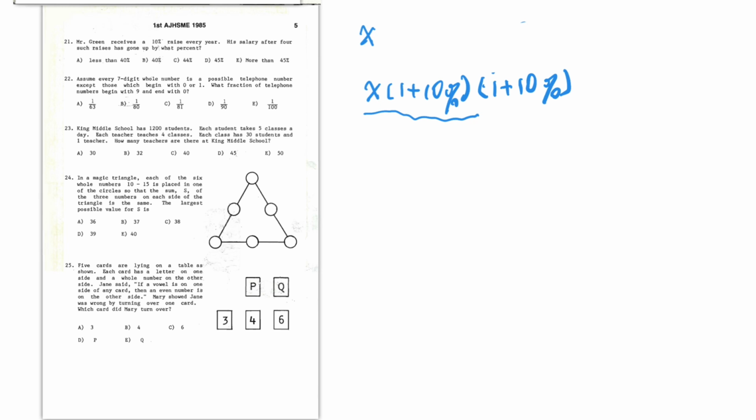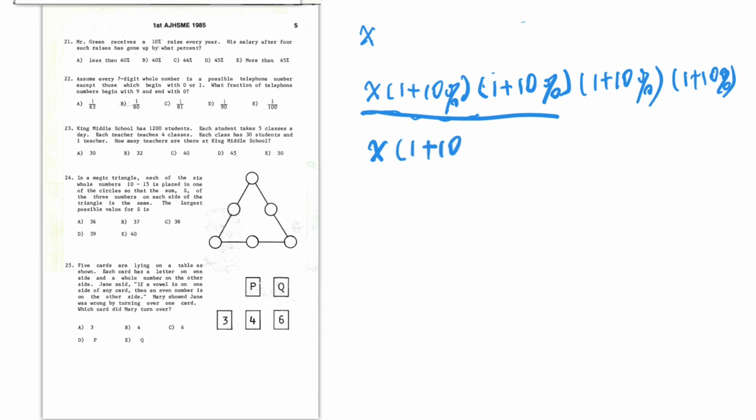So the third year is based on this raise, so 1 plus 10%. And the fourth year is 1 plus another 10%. So easily we can find the raise over 4 years. That's 1 plus 10% to the power 4.